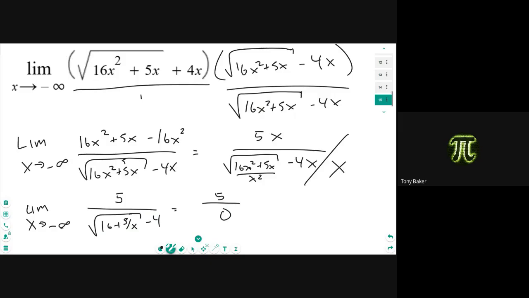Where did we screw up? Because it should be 5 over negative 4. Actually, it shouldn't be negative 5 over 4. That's right.